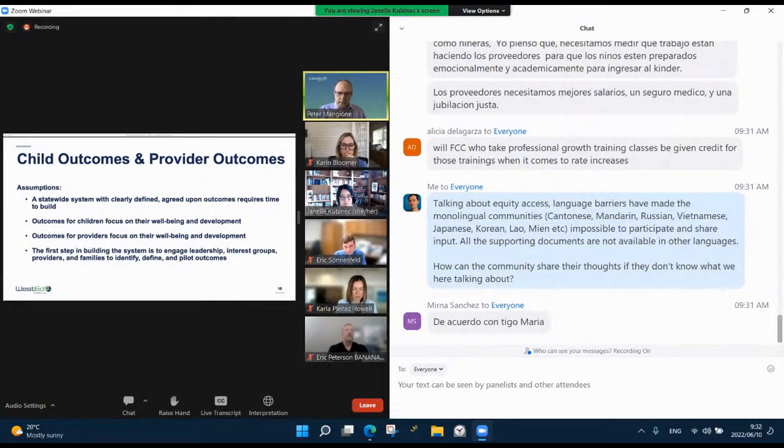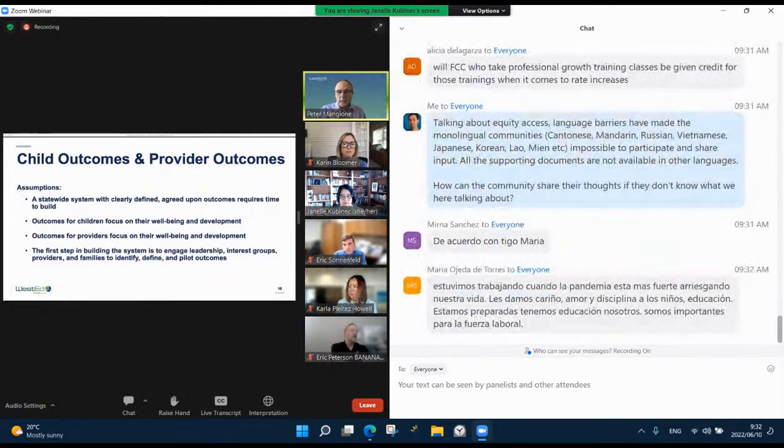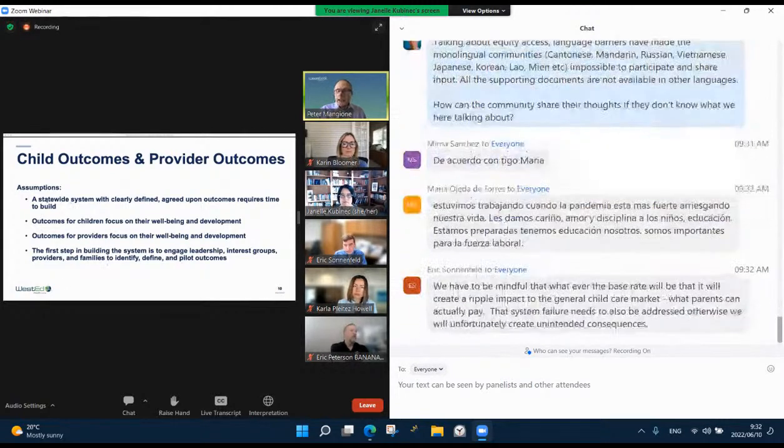My last assumption is that our first step is to engage all of you, leadership, interest groups, providers, and families to identify, define, and I would say pilot, try out, but try out on a pretty broad scale, outcomes that, as an early childhood community in California, we say, these are our starting points. This is what we're going to start to focus on, and we're going to build from here.